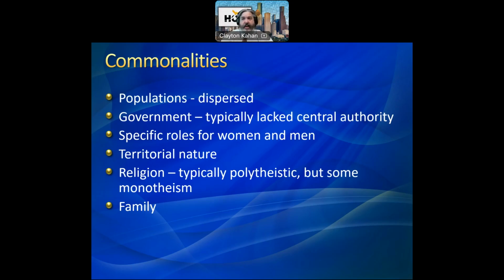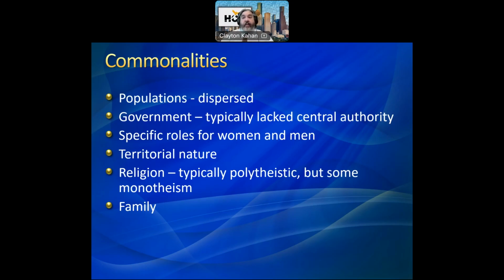They intersected at the home, but outside the home, there was a far more clear gendered division of labor. The men did the hunting, the fishing, they did construction, they made war against their enemies, they engaged in politics, they controlled trade, while women were in charge of virtually everything that had to do with the domestic sphere.